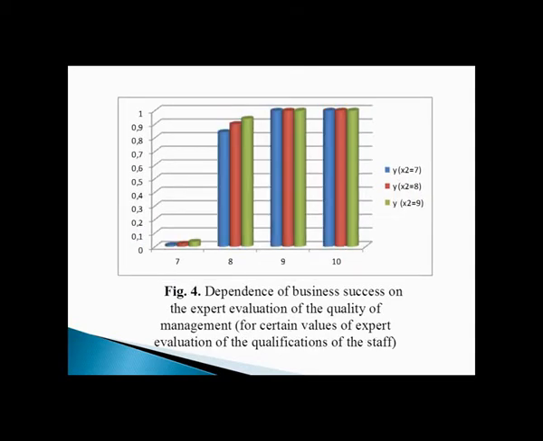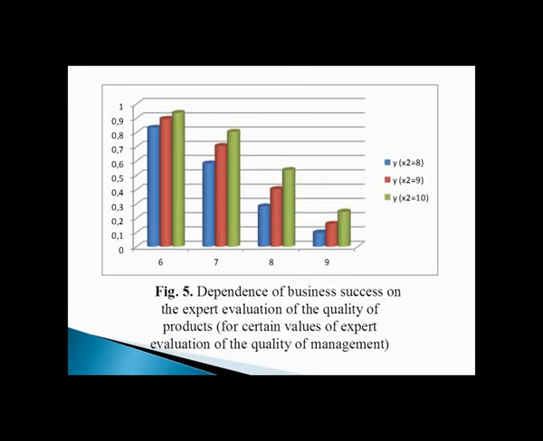Figure 4 shows how business success would change with X1 for certain values of factor X2, expert evaluation of the qualifications of the staff, and fixed values of other factors. Figure 5 shows how business success would change with X3 for certain values of factor X2, and fixed values of other factors.